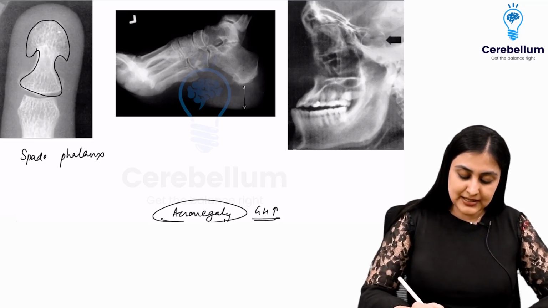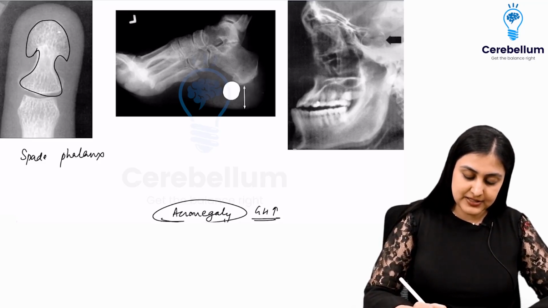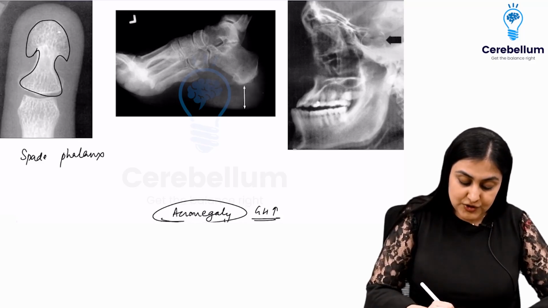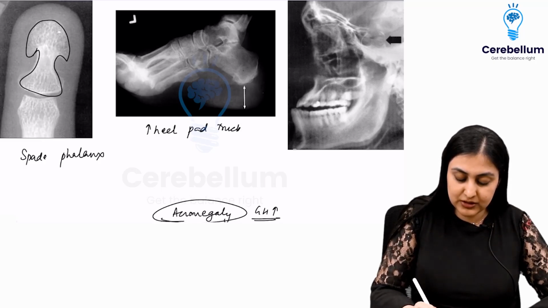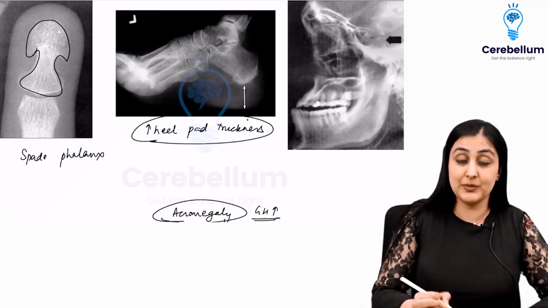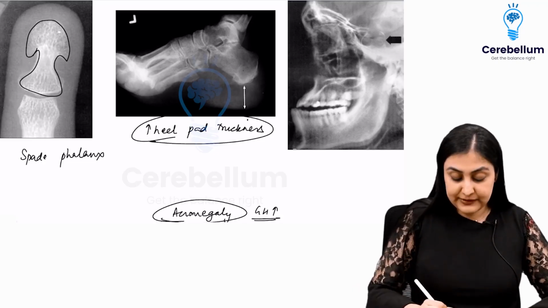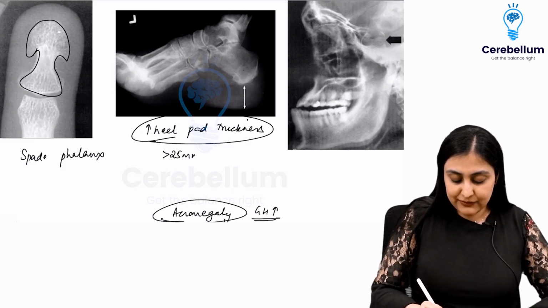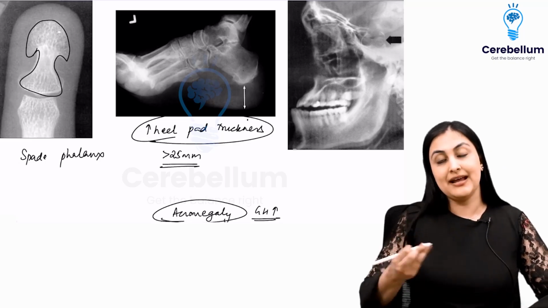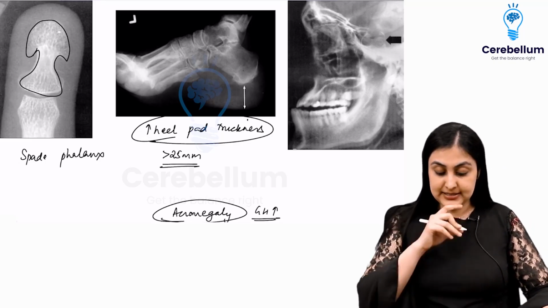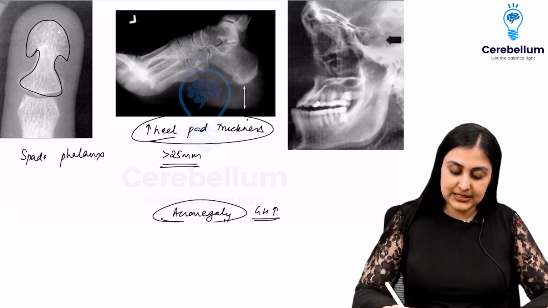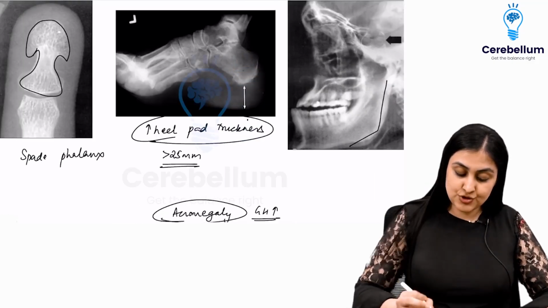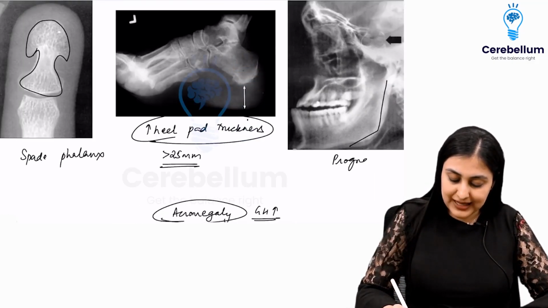When you see that there is heel pad thickness increasing, you can see the soft tissue here. So this is increased heel pad thickness. It's so unique that if you hear this, you can just mark acromegaly. The objective criterion is anything more than 25 mm in soft tissue is increased heel pad thickness. What about the skull? In the skull bone, you're going to see increased jaw angle, which is called prognathism.